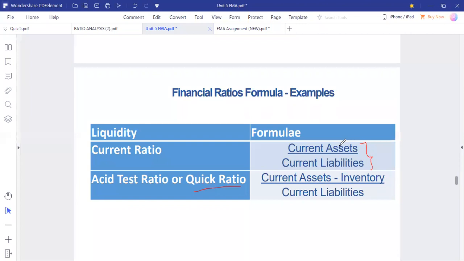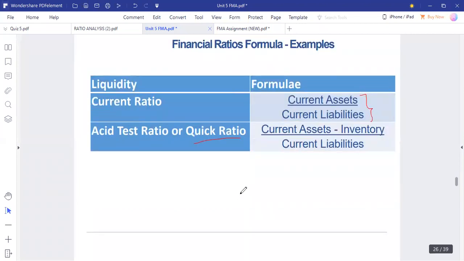In the previous chapter, we looked at the types of current assets that we have. Current assets are usually recorded in order of liquidity. At the bottom, we have what? Cash, followed by bank. Then we have what? Prepayment. Then we have what? Debtors. Then finally, we have what? Inventory or stock.